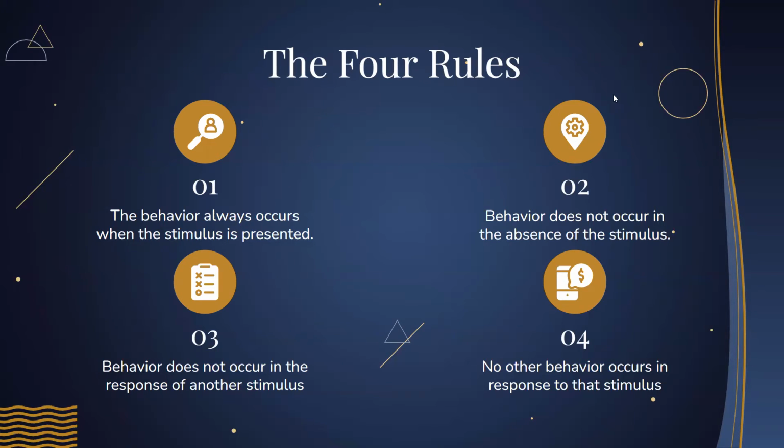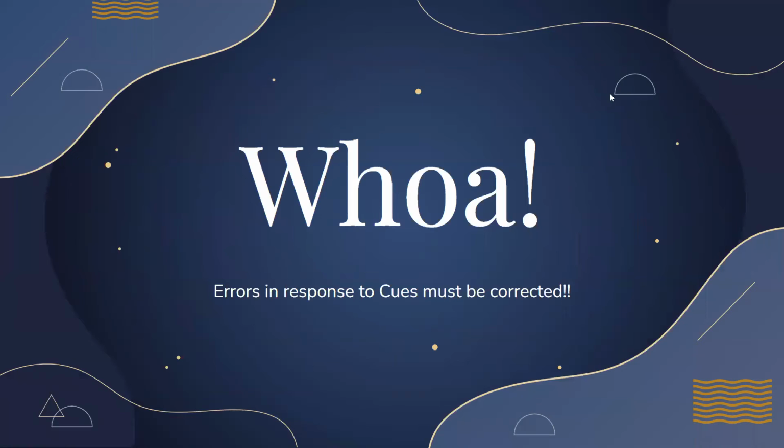And number 4, no other behavior occurs in response to that stimulus. And when you have all 4 of these down for a stimulus, that means you have complete control over this behavior. But remember, you need to correct errors when cues are misinterpreted.